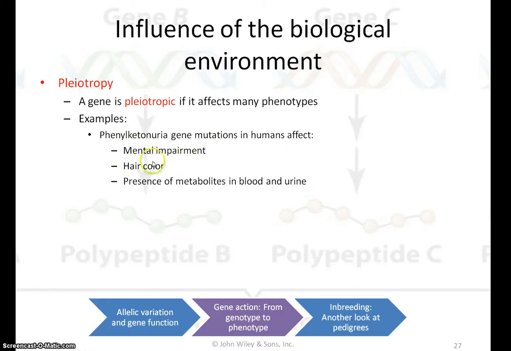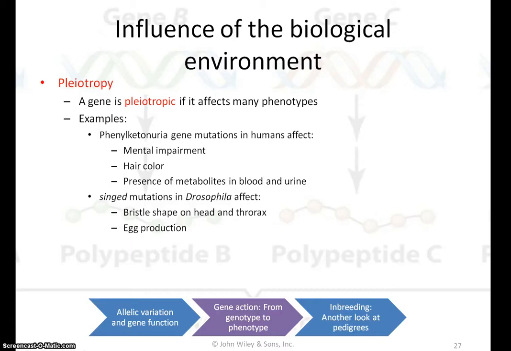These people have mental impairment. It changes hair color, so they have a light hair color, and metabolites are also found in the blood and the urine. These are all phenotypes, characteristics or traits, that are controlled by one allele.